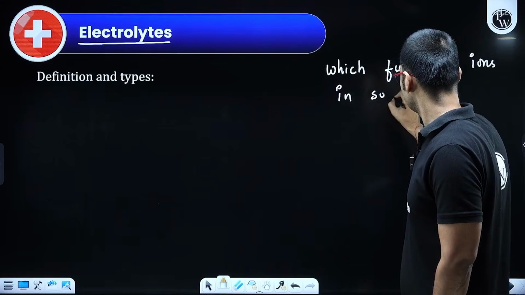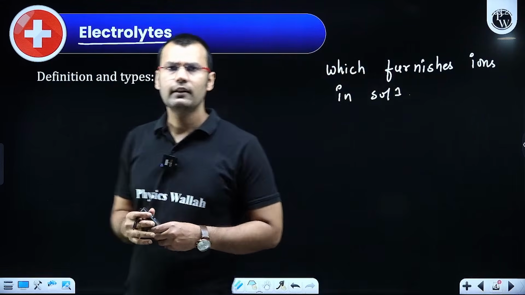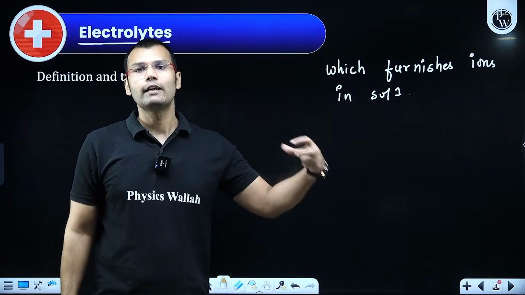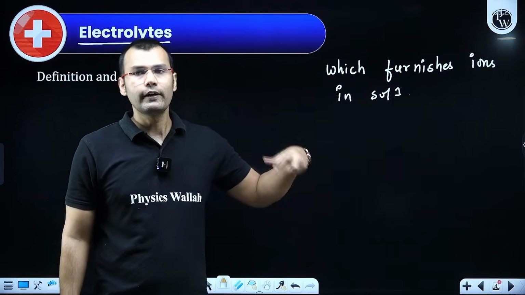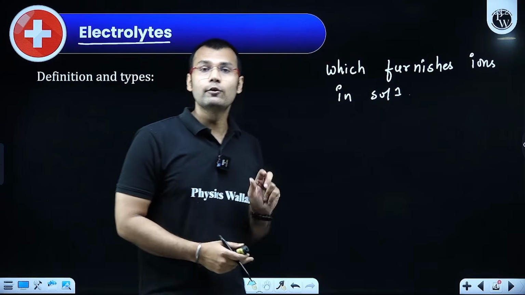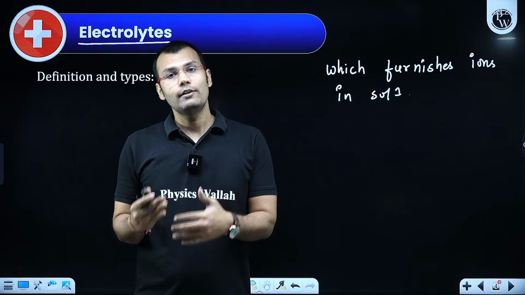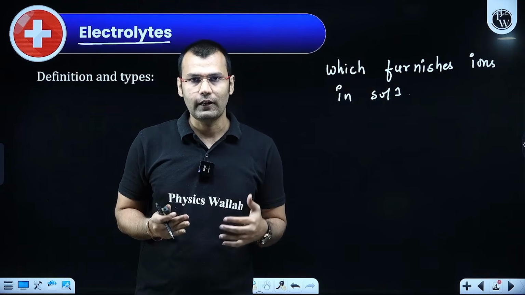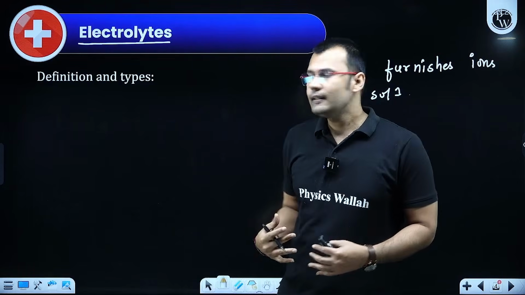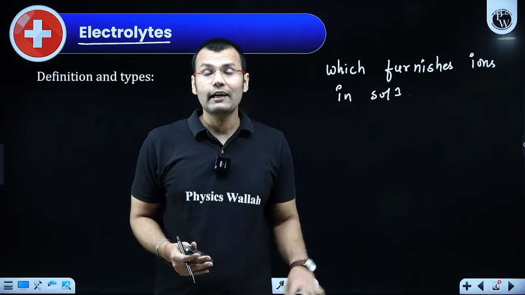This is the fundamental meaning of electrolyte. If a compound is an electrolyte, when you dissolve that compound in water, it can produce certain ions. And if your compound is not able to produce ions in solution in water, then your compound will be called a non-electrolyte.